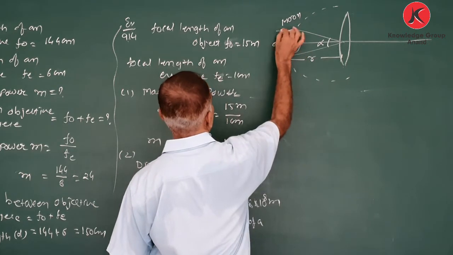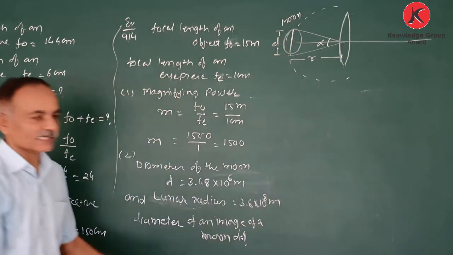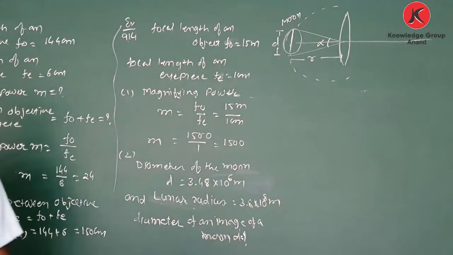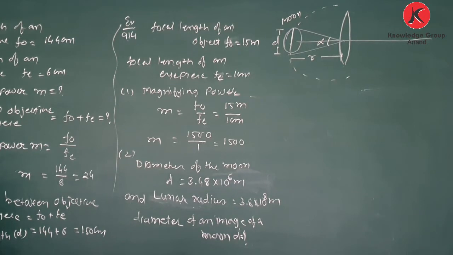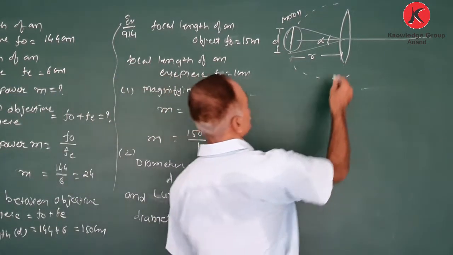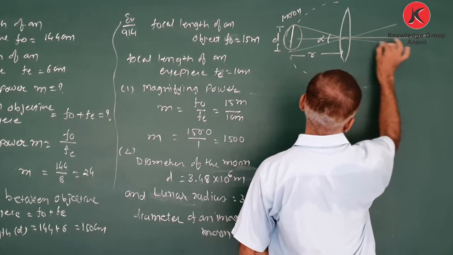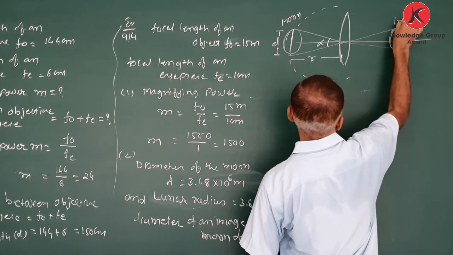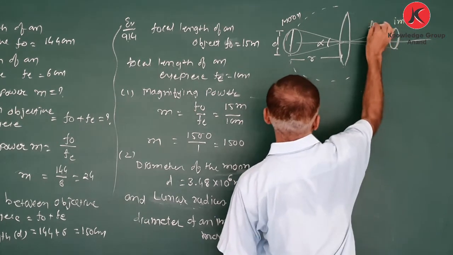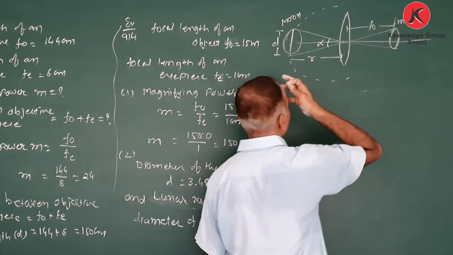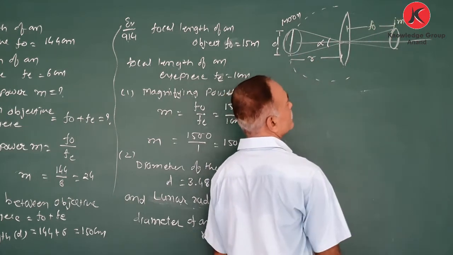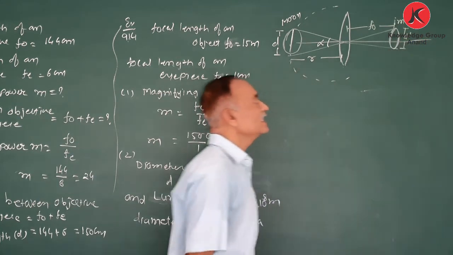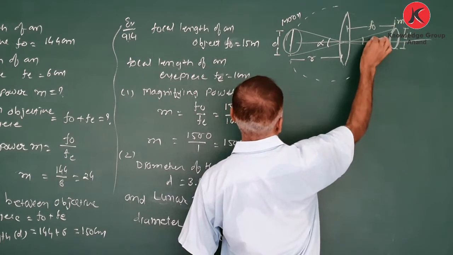So diameter d acts as an arc. And the image of this moon is formed on the other side of the lens like this. At the principal focus, there is the image of the moon, at focal distance from the objective, and there is the diameter of the image, d dash. Again, this angle is the same, alpha.